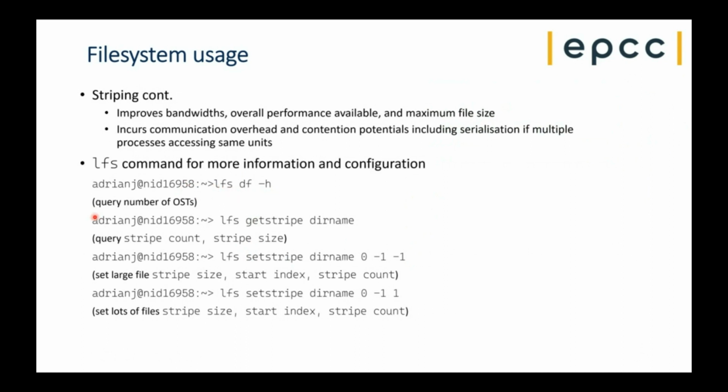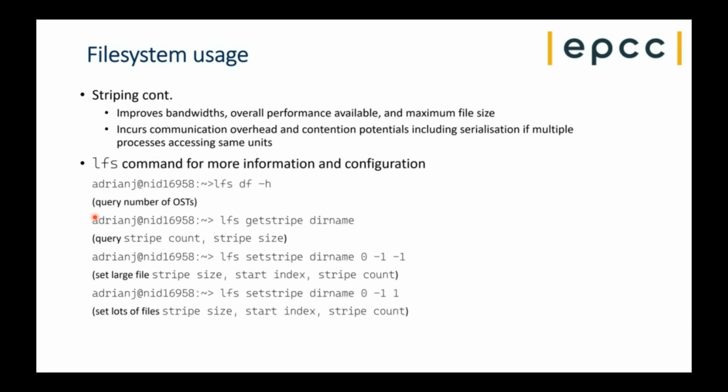Let me just get an ARCHER2 window up to make it make more detail and more sense. But give me a second. Just changing the font size so you can see it. There we go.